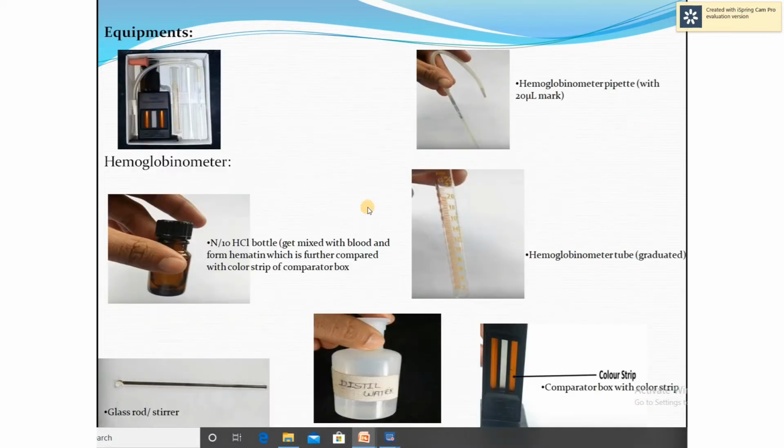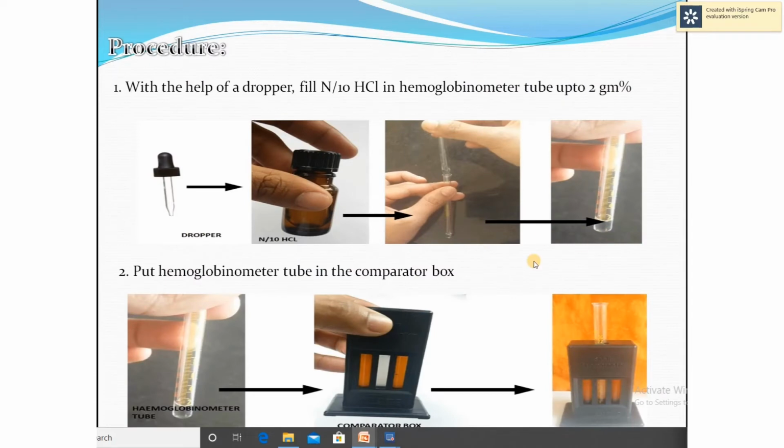As I've told you, this tube is graduated. You'll have to fill the N/10 HCl to 2 gram percent marking.